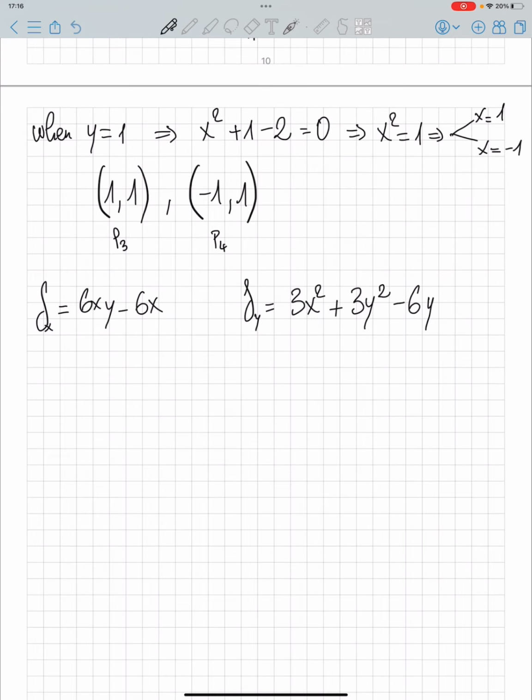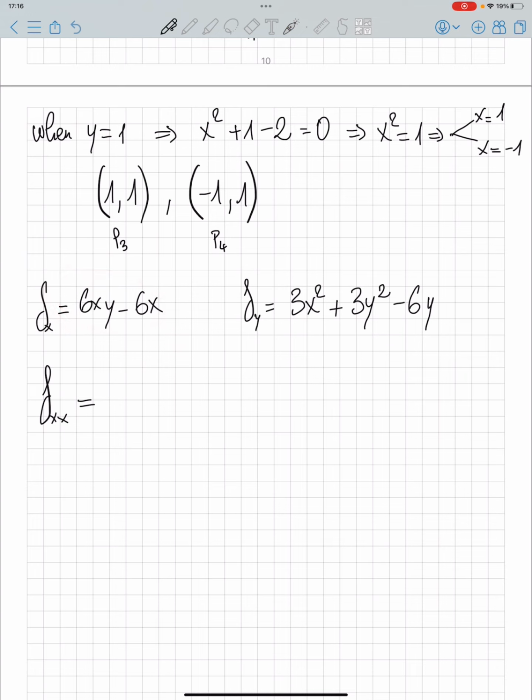So for the second derivative, we find the second derivative with respect to x. Let's first find fxx, right? fxx is equal to the derivative of this with respect to x.